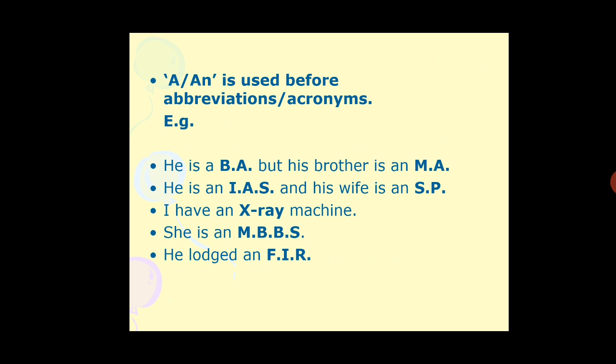So here you need to understand one thing, why we have added a before BA and an before MA. Because when we pronounce BA, the B sound comes first, and that is consonant, and that is why we are adding the indefinite article a before BA. But if we are putting an before MA, that means we are pronouncing 'eM-A'.